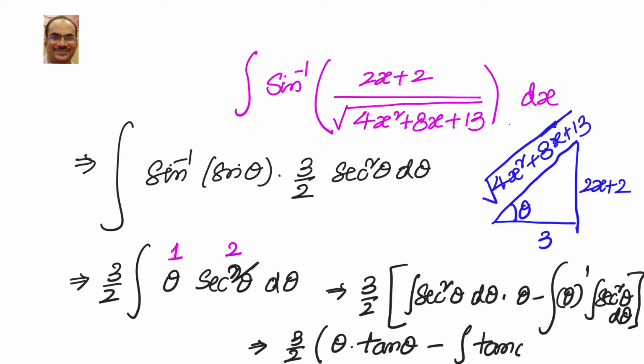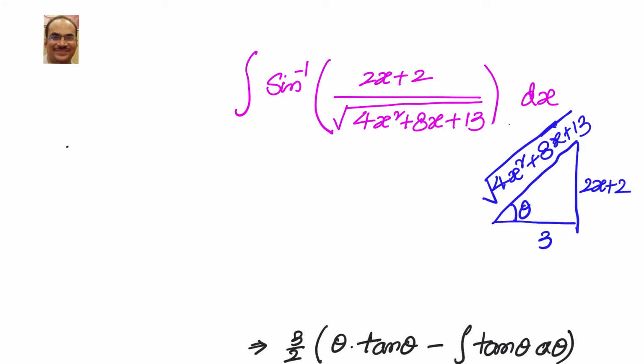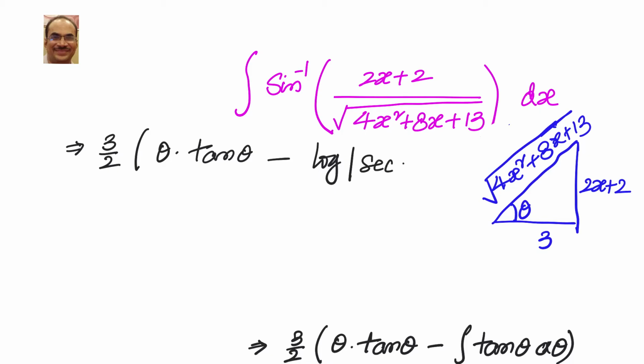So this will be the integral of tan theta d theta, that is equal to 3 by 2 into theta into tan theta minus the integral of tan theta, which is log of secant theta, plus c.